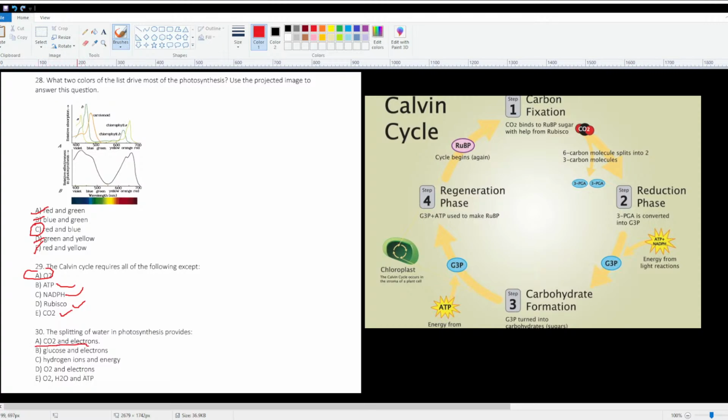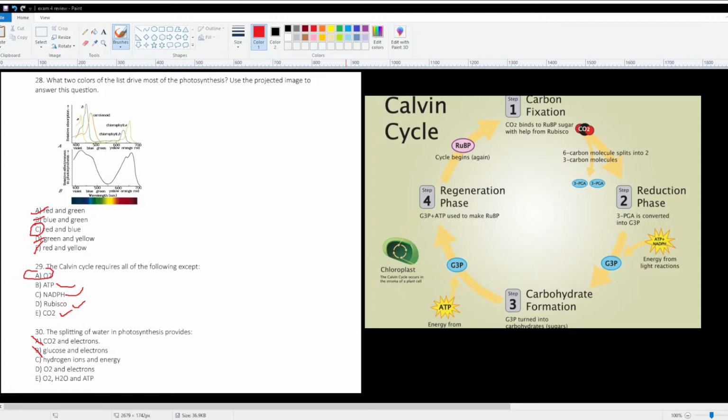Look at some of these answers. Splitting of water, why would that produce CO2? That doesn't make sense. And it provides glucose? That also wouldn't make sense, because the G3P provides glucose. The splitting of water does not do that. So that leaves only hydrogen ions and energy, or O2 and electrons. It's most likely O2 and electrons.